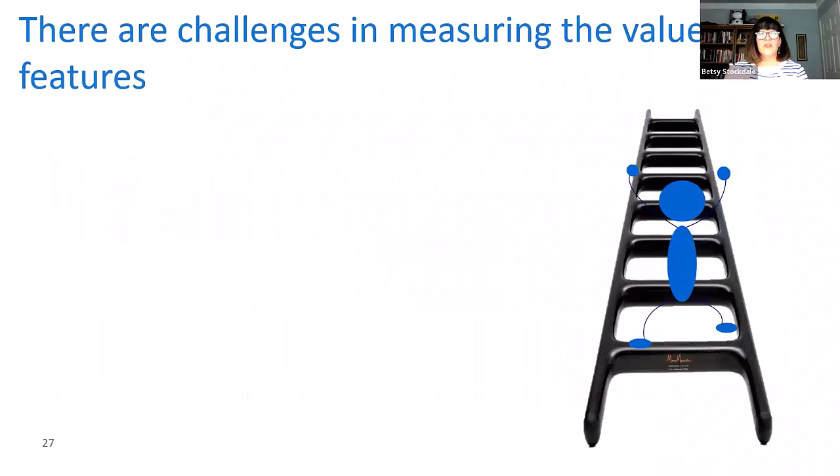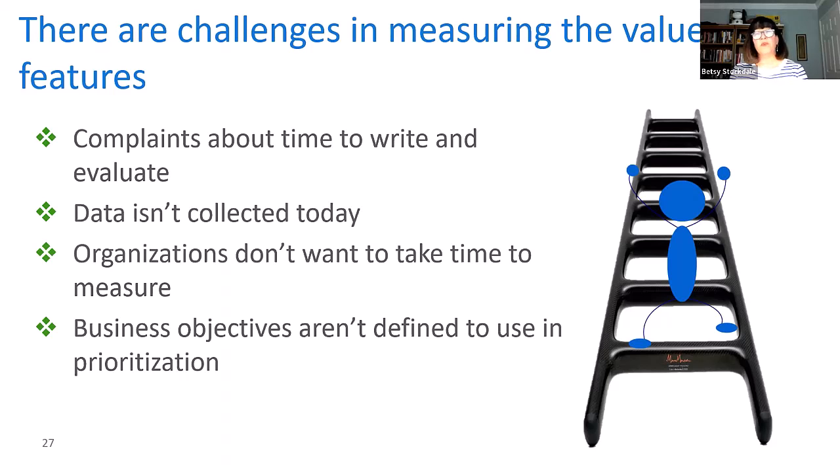So there's certainly challenges to this, and we continually have to work through them. What I encourage you to do is really go through and think about these, and how you can work through some of these challenges. Some of the challenges that I find is that it takes time to do this.